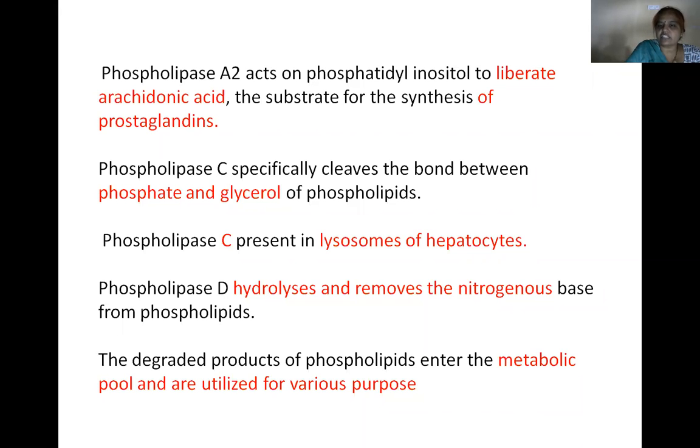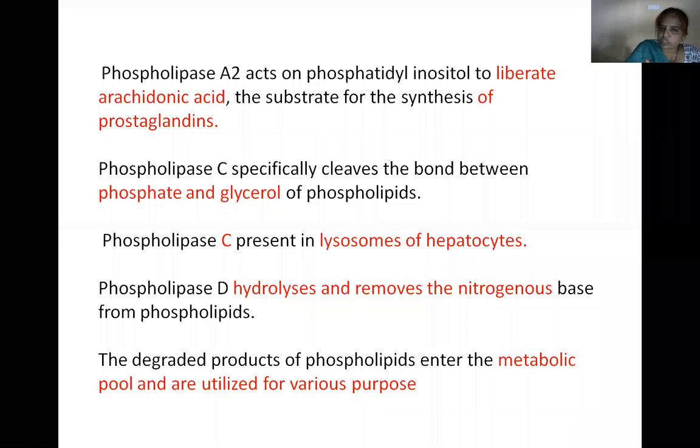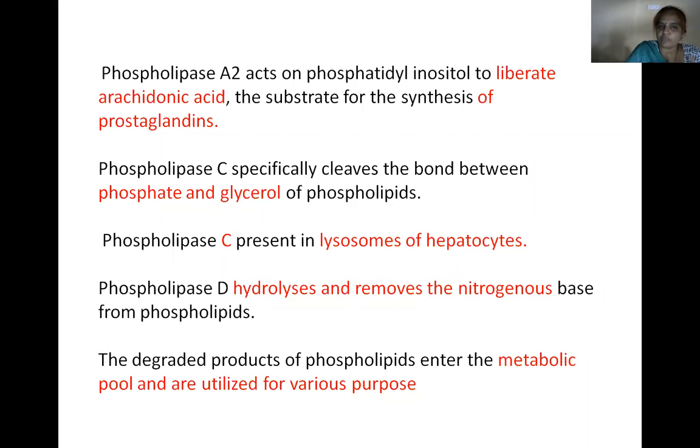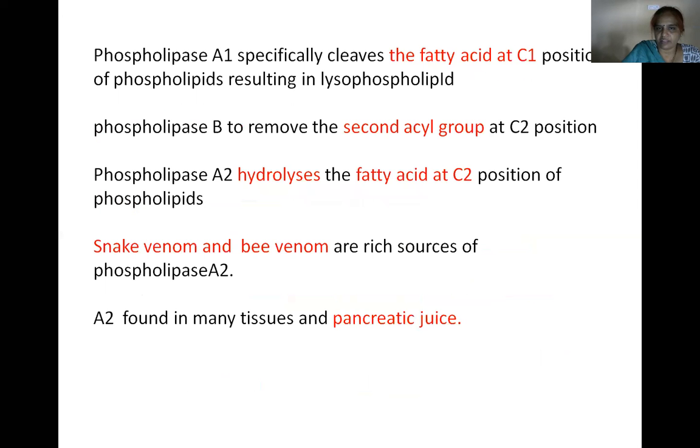This arachidonic acid is involved in the synthesis of the prostaglandins. So phosphatidyl inositol is a source for prostaglandins.